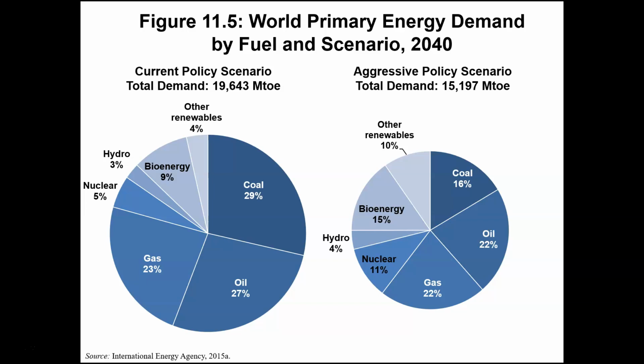So coal, oil, and gas are still making up a huge chunk of that chart. If we enact aggressive policies to try to change that, then by 2040 we could have a pie that looks more like what's on the right hand side, where we're still using a lot of coal, oil, and gas, but those percentages have decreased, and we're increasing our use of other types of energy.